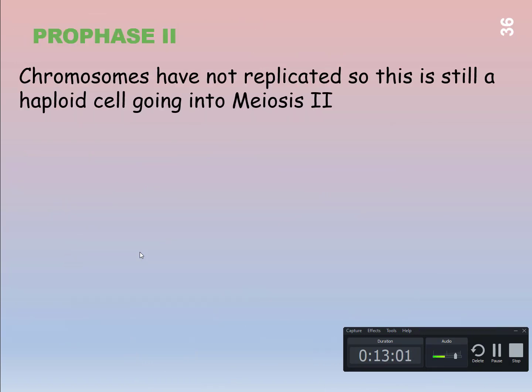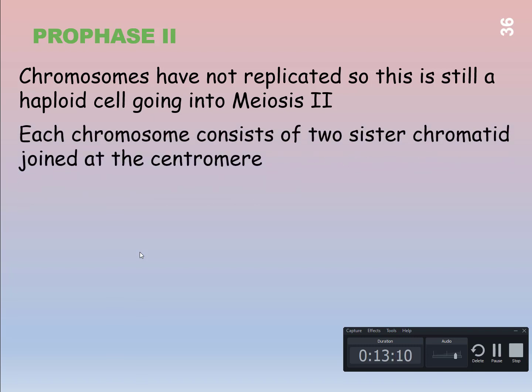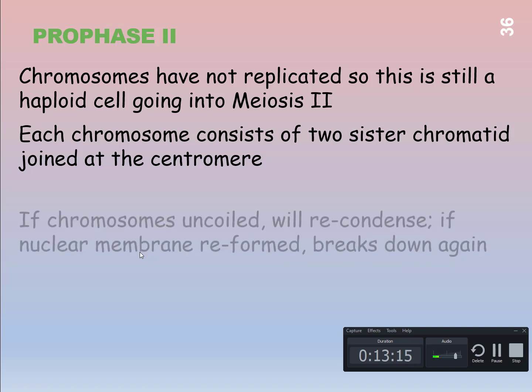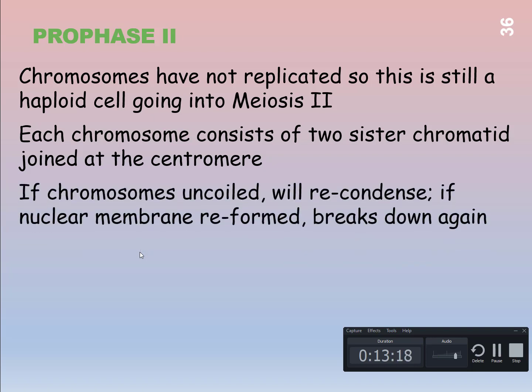So now let's get into prophase 2 of meiosis 2. So remember the chromosomes didn't replicate, so we still have this haploid cell. Each of the chromosomes, remember again, consisting of two sister chromatids that are still joined at that centromere. Everything that we did at the end of meiosis 1, if the chromosomes uncoiled, if the nuclear membrane started to reform, any of that stuff that happened is going to go the reverse again.